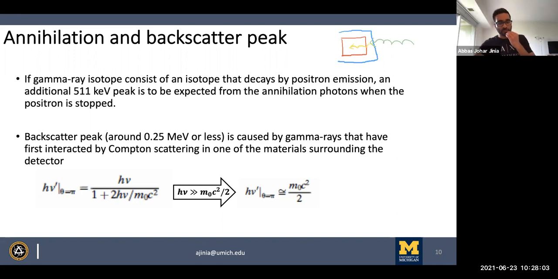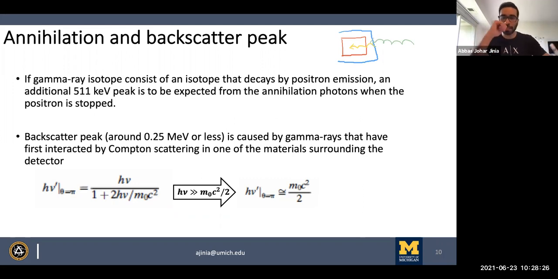Again, in this reaction, theta has to be phi, because when the green photon comes in, your scattered photon needs to enter the detector volume. So your scattered photon enters the detector volume, and therefore the energy that the scattered photon is carrying will be given by the equation on the slide.